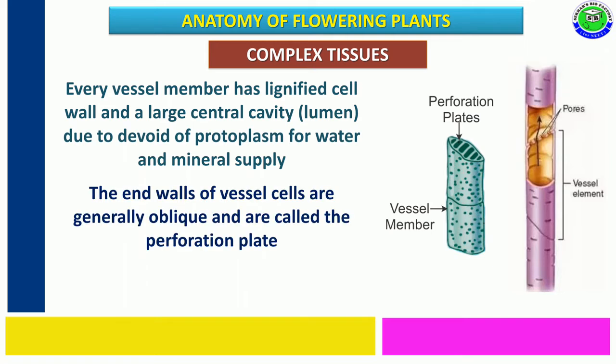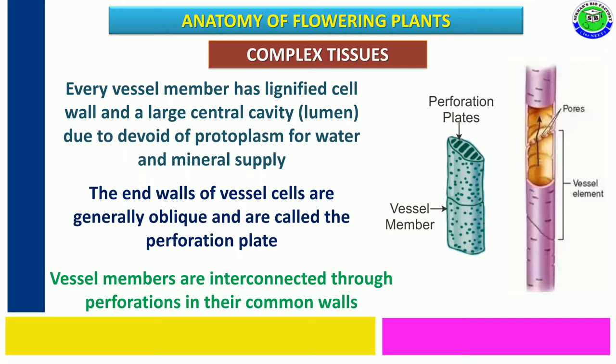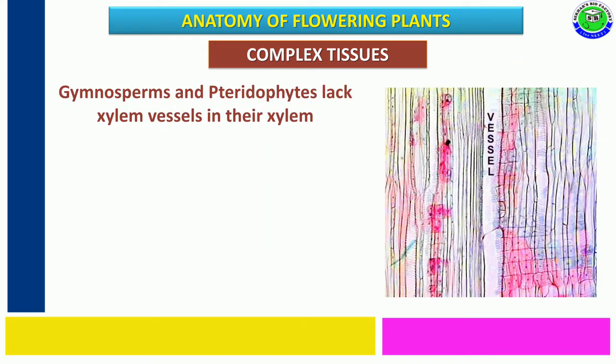The end walls of these vessels are generally oblique or cross, and these plates consist of many pores called perforation plates. The vessel members are interconnected through these perforations present in their common walls.